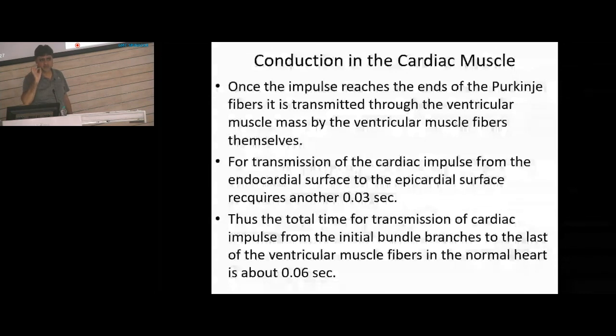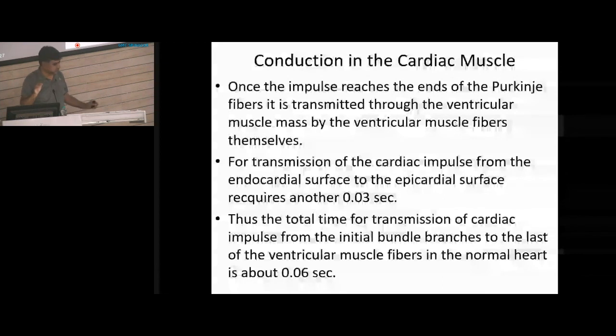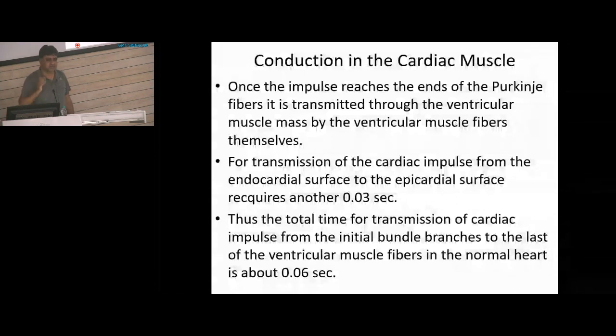So the total time taken for one impulse to spread from SA node to the last portion of the heart, that is towards the base of the heart, normally, if there is no conduction problem, is 0.22 seconds. Normally in 0.22 seconds, the impulse spreads from SA node to the last fiber of the heart. Is that clear? Okay.